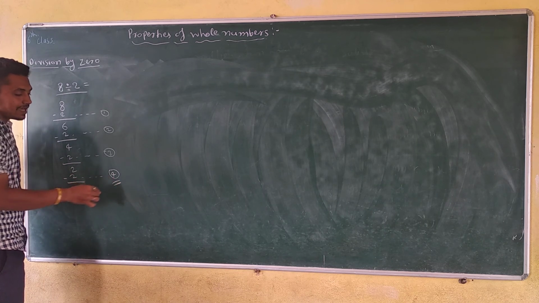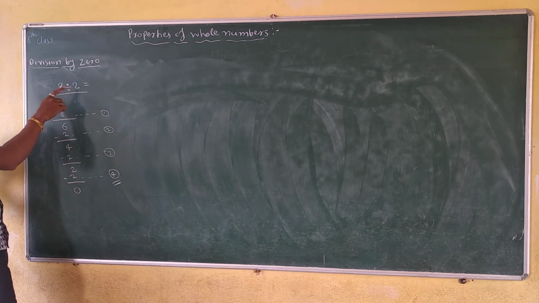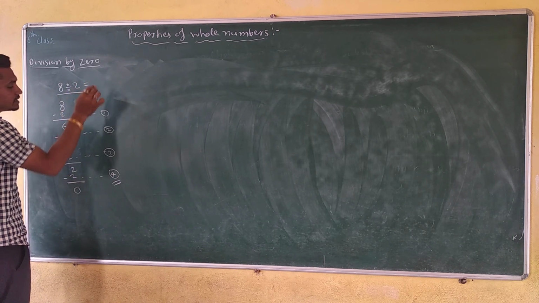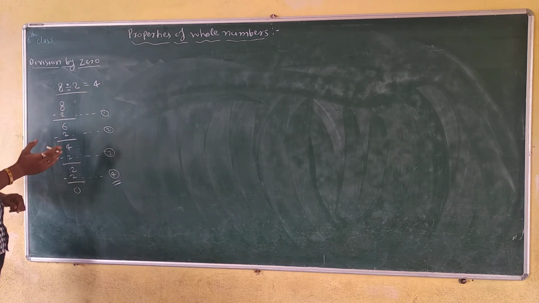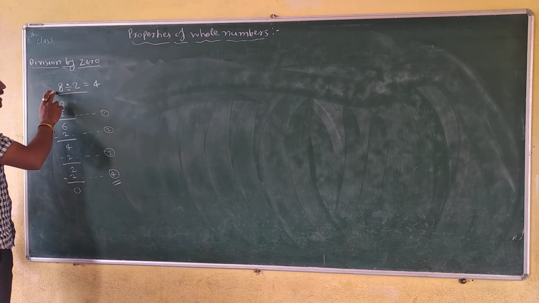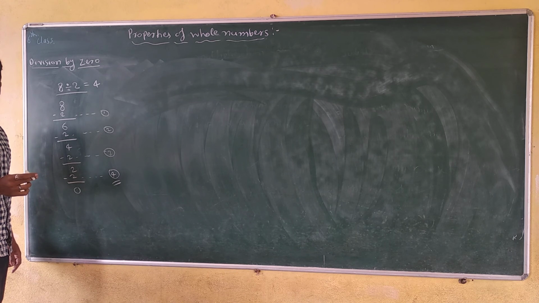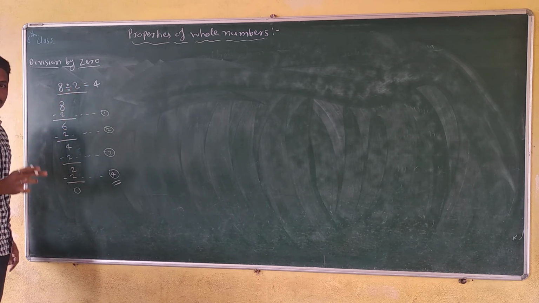You have to subtract 2 from 8 four times till we get 0. So 8 divided by 2 is equal to 4.